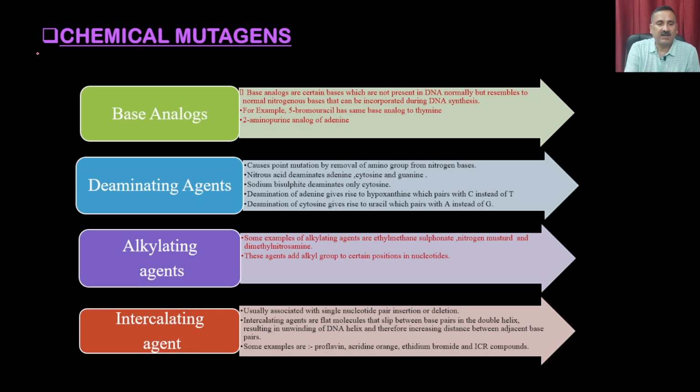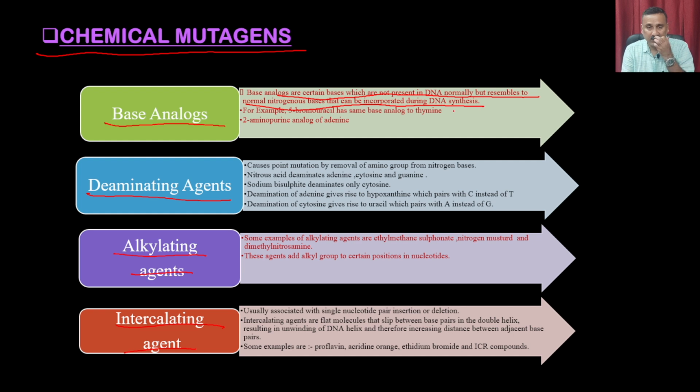Then we have the chemical mutagens. In the chemical mutagens you can have 4 categories: base analogues, deaminating agents, alkylating agents, and intercalating agents. Base analogues are certain bases which are not normally present in the DNA but resemble the normal nitrogenous bases and can be incorporated during DNA synthesis.